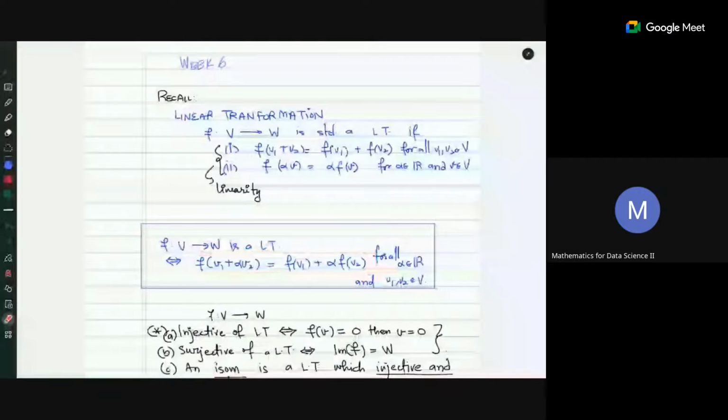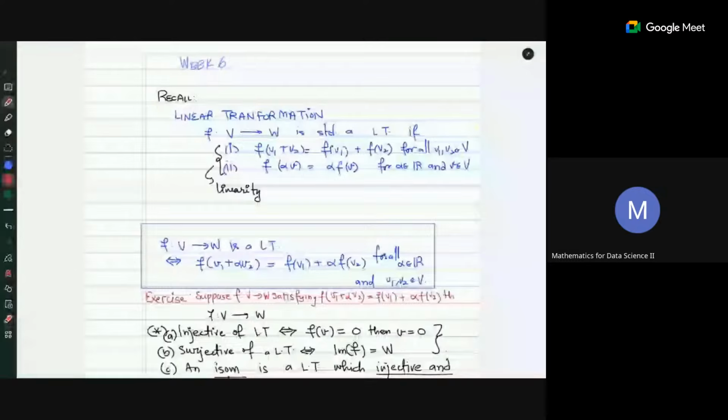Now, for those who are interested, it is a good exercise to check how to get this. So let me write it as an exercise. Prove the other way around. Suppose you have a map F from a vector space V to W, satisfying this condition, F(v1 + alpha v2) = F(v1) + alpha F(v2).